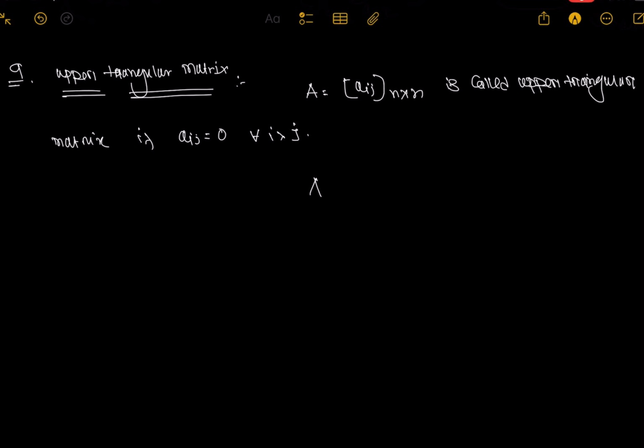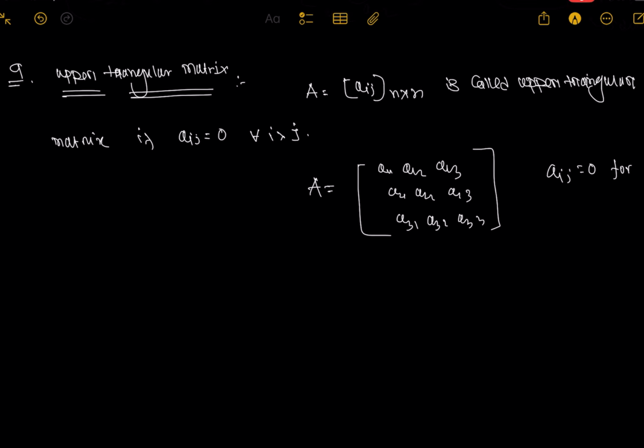So if A equals a matrix with A11, A12, A13, A21, A22, A23, A31, A32, A33, what is the given condition? A of ij equal 0 for i greater than j.